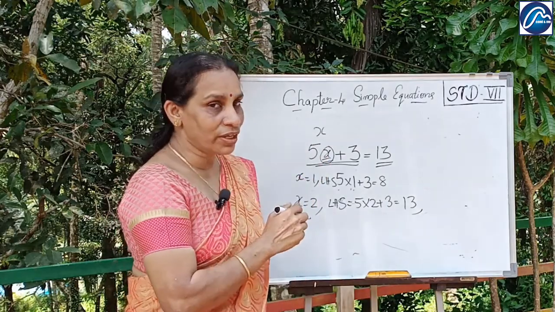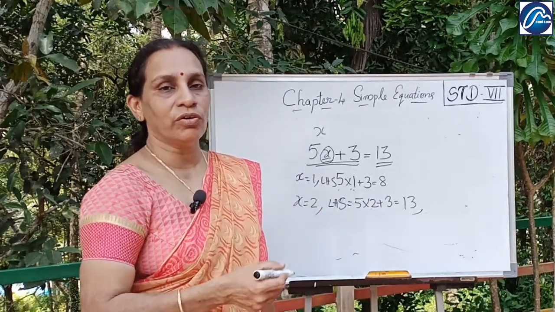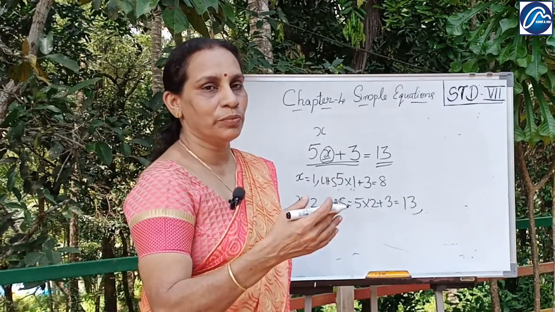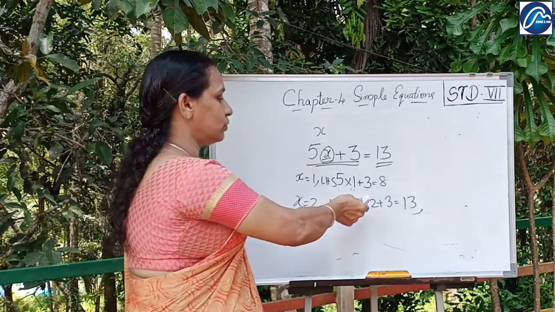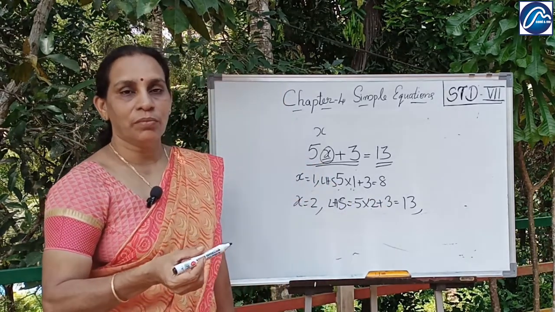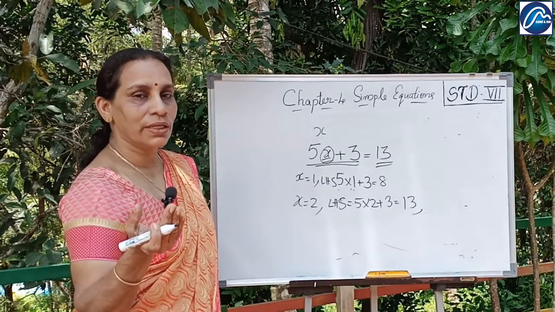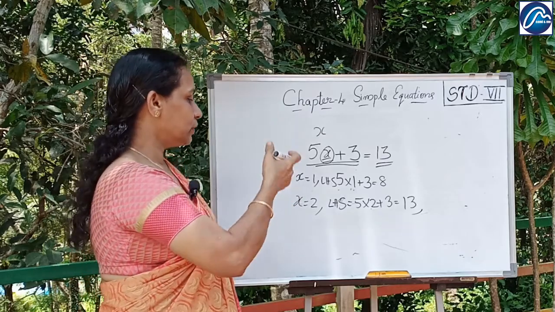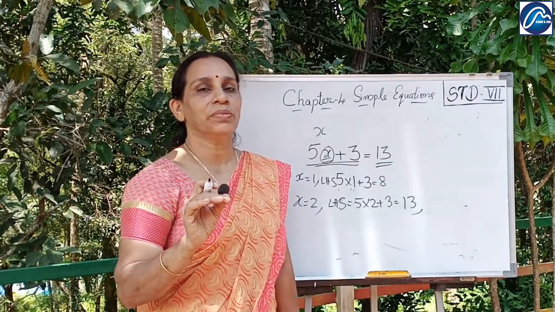So what is the value of x? x is 2. We cannot always find it like this by putting in many numbers. Luckily it is 2 this time. But it will not always be like this. Some bigger number may be the answer, so we would have to check 1, 2, 3, 4, 5. But that is not a simple method.